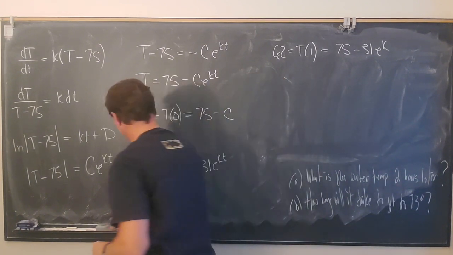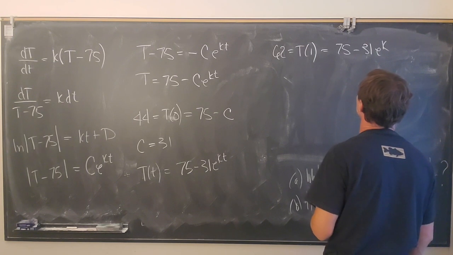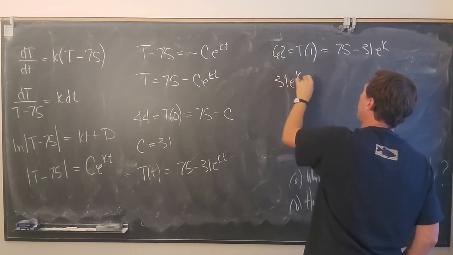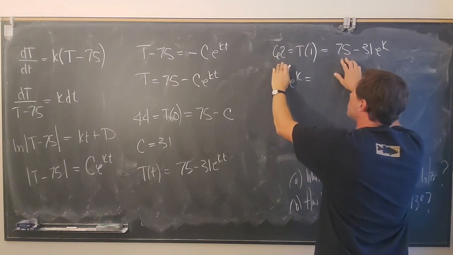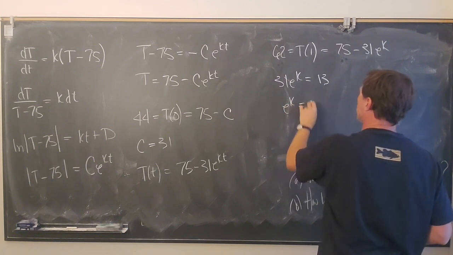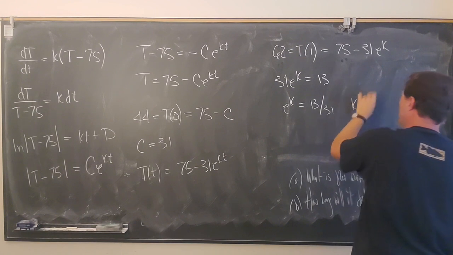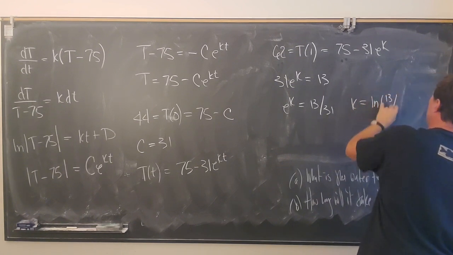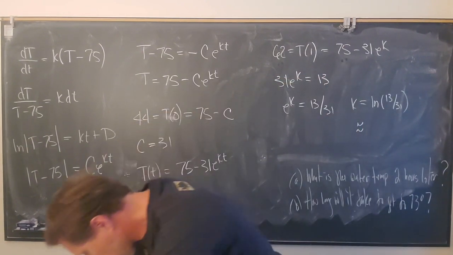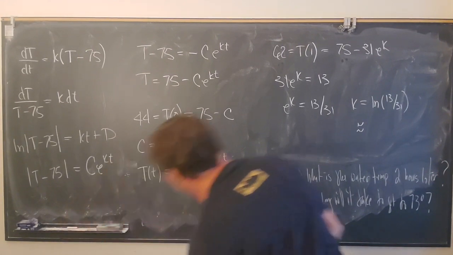Now if you solve for k, 31 e to the k is equal to 75 minus 62, that is 13. So e to the k is equal to 13 over 31, which means k is natural log of 13 over 31, which is about negative 0.87.